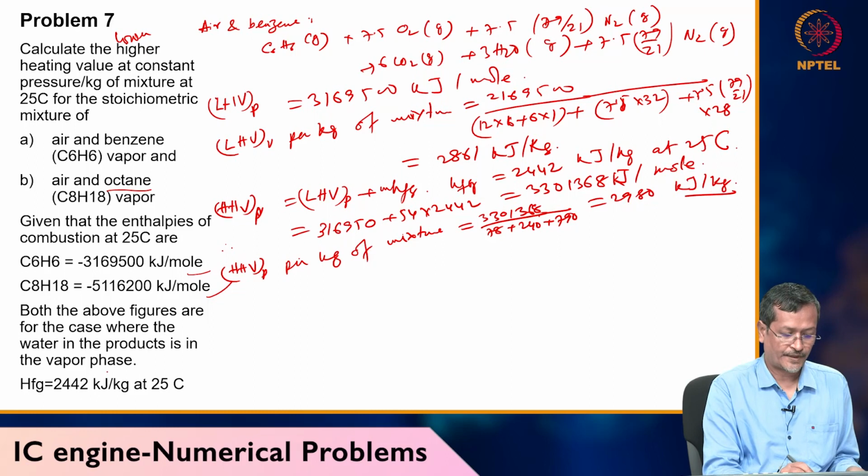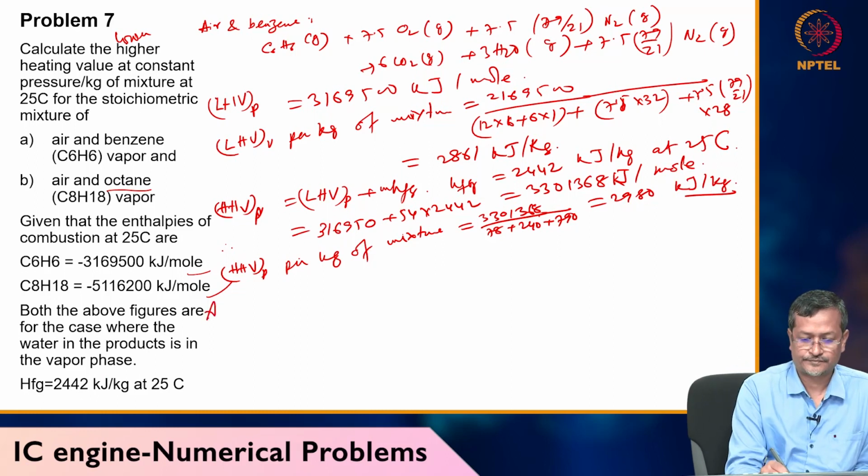Now air and octane vapor. You calculate in a similar way.